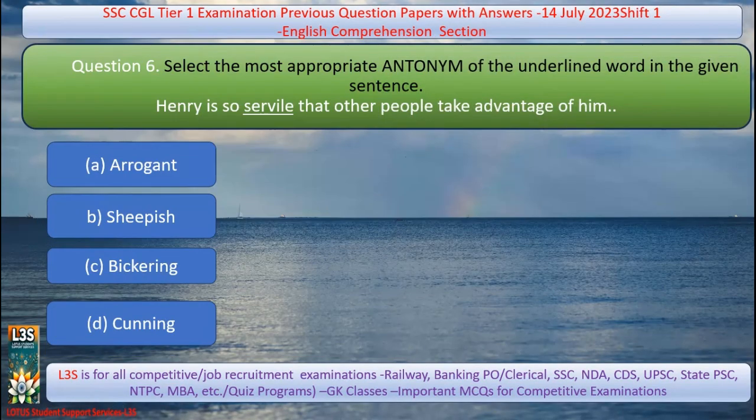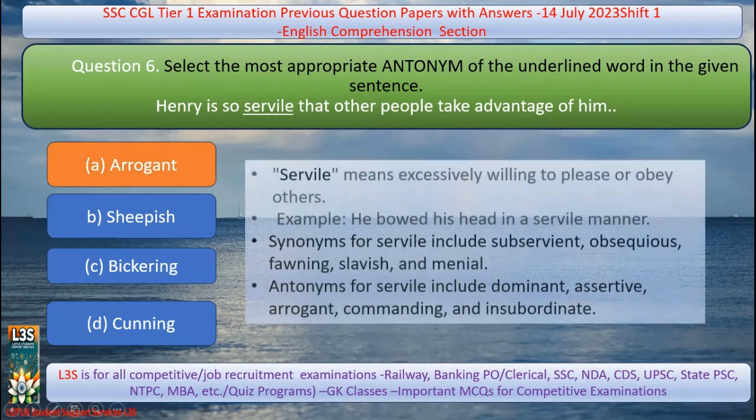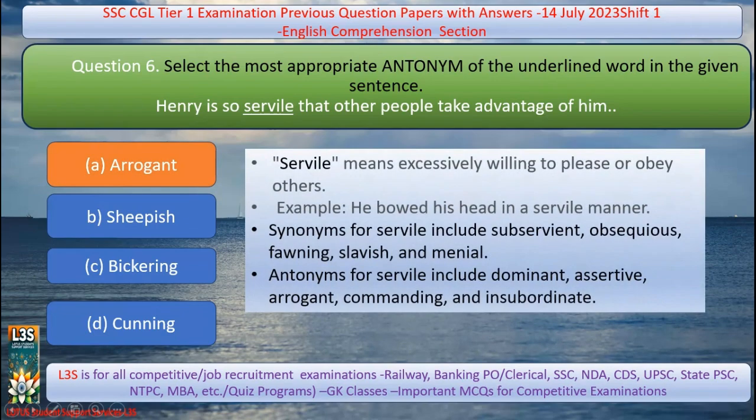Select the most appropriate antonym of the underlined word in the given sentence. Henry is so servile that other people take advantage of him. And the correct option here is A, arrogant. Servile means excessively willing to please or obey others.